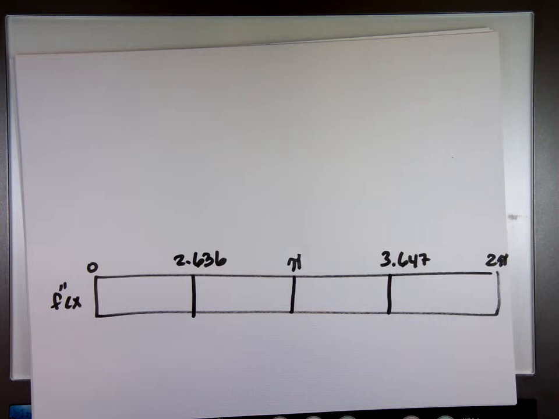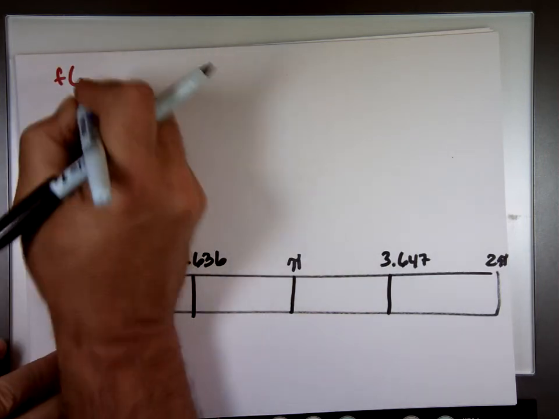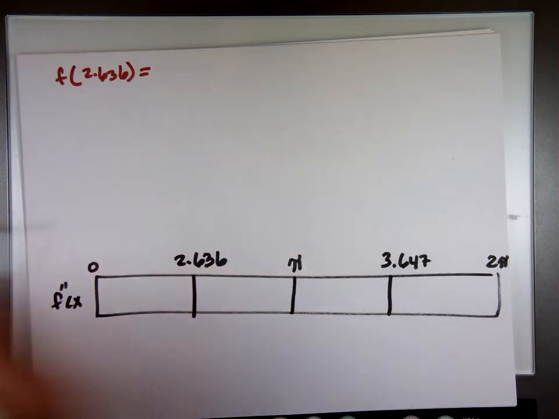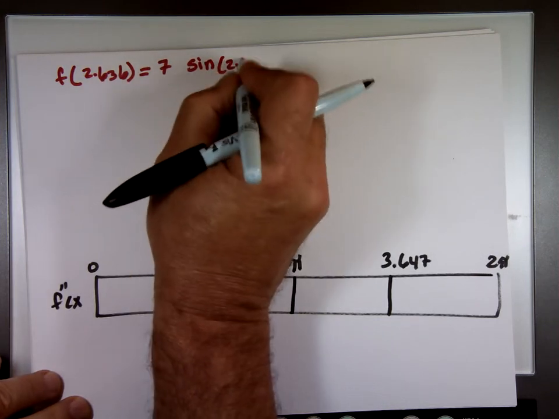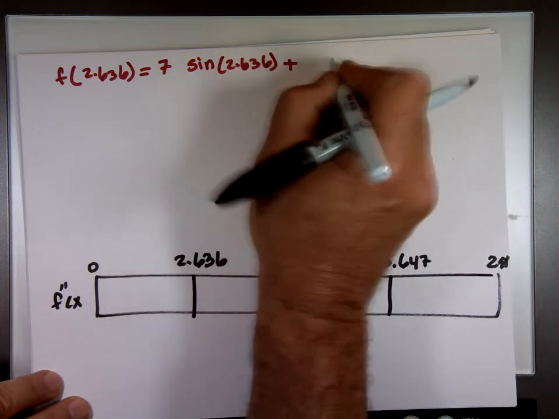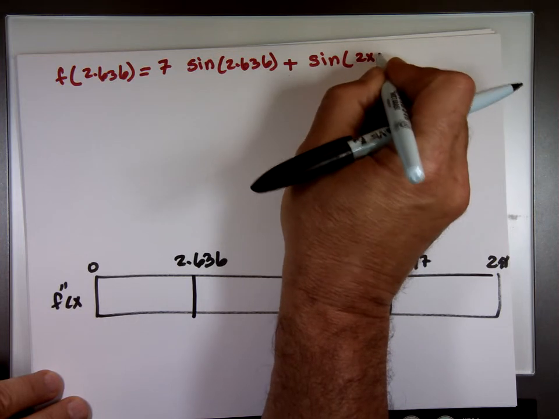And now you need to find the y value because they are asking for the x and the y value. I'm looking at the picture there on the screen. They want the x and the y value. What is f of 2.636? That's 7 sine 2.636 plus sine of 2 times 2.636.